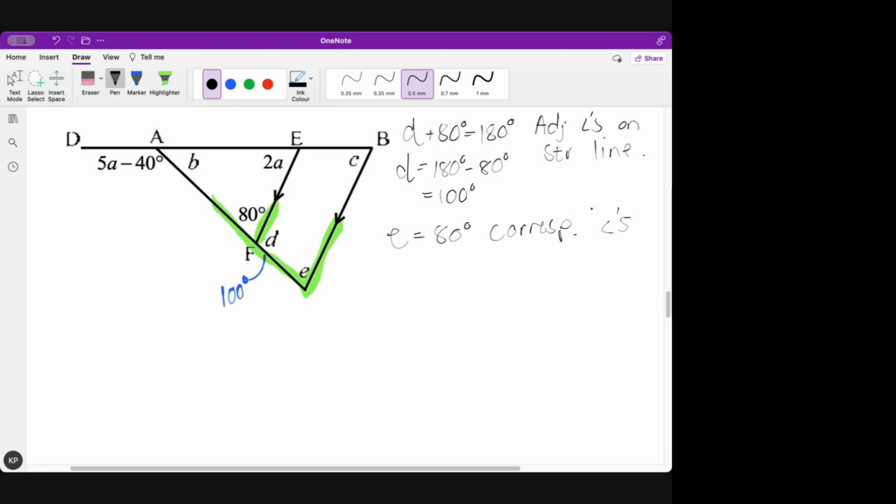My parallel lines. So EF is parallel to ABCD. Let's say this is G, BG. So now we have E as well.